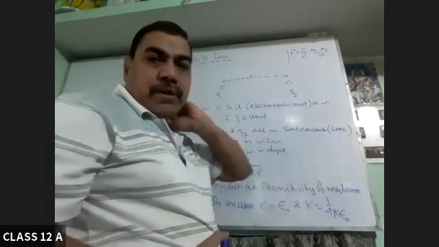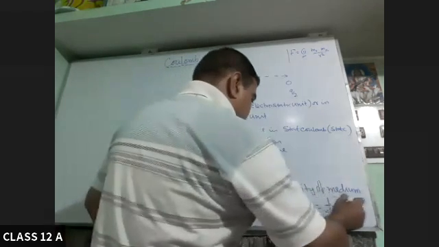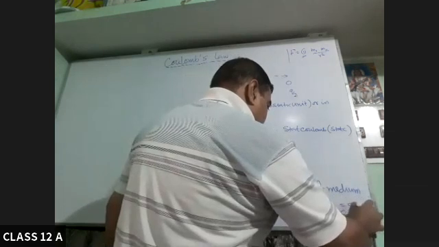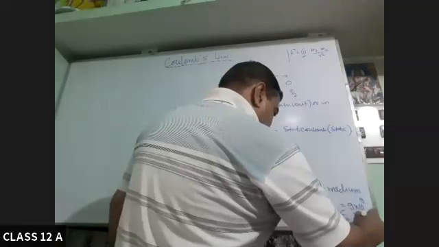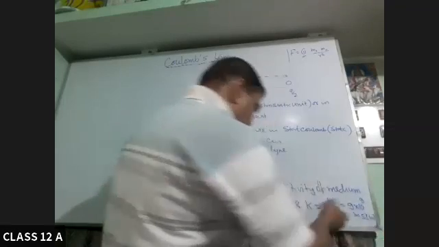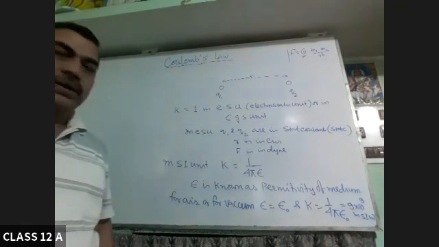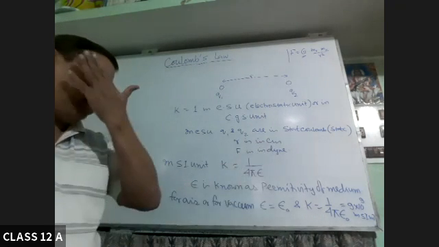And this will have a particular value, equal to 9 into 10 to the power 9 in SI unit, as we are taking SI unit only. What will be the unit, we will discuss afterwards. So this is the value.